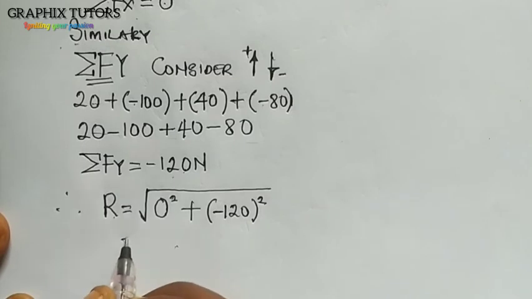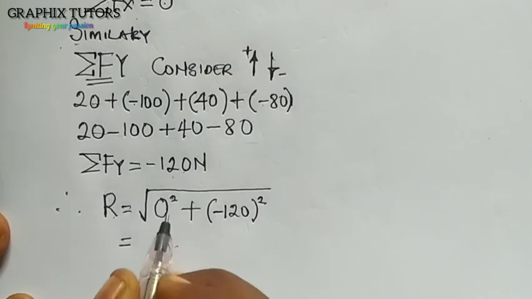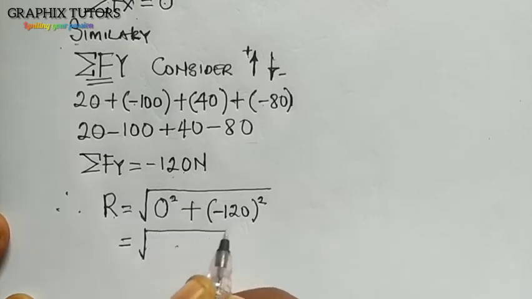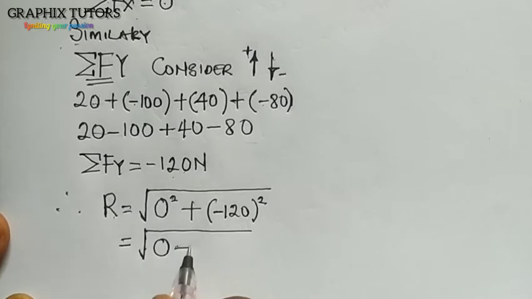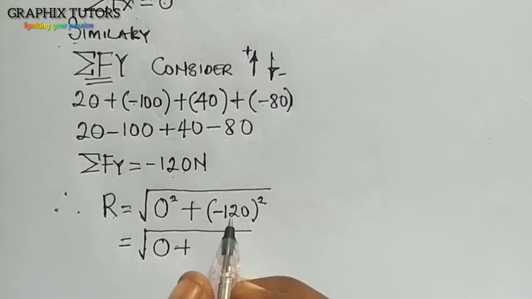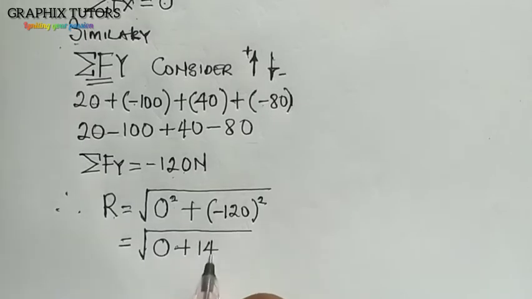We know very well that the square of 0 is 0, plus the square of the negative will give you a positive, and the square of 120 will give me 14,400.